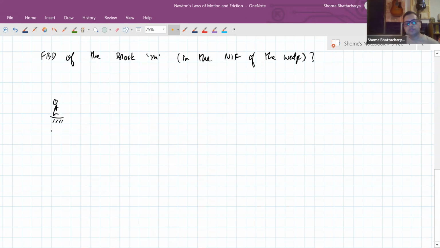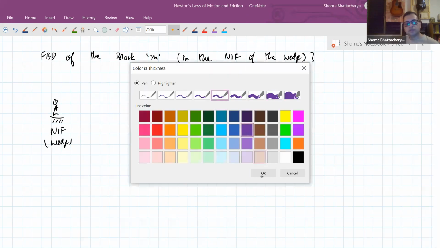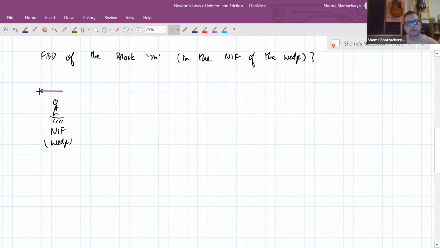So our non-inertial frame of the wedge is moving with this horizontal acceleration A. So now on our block, which is placed on that wedge's surface, which should be at rest in this frame, it should be in equilibrium in this frame, should not be slipping, the first force we will show is the pseudo force.